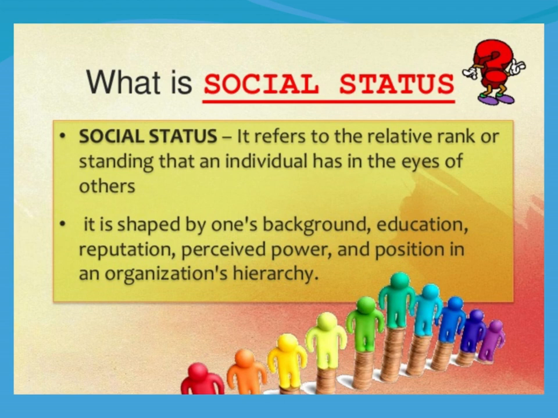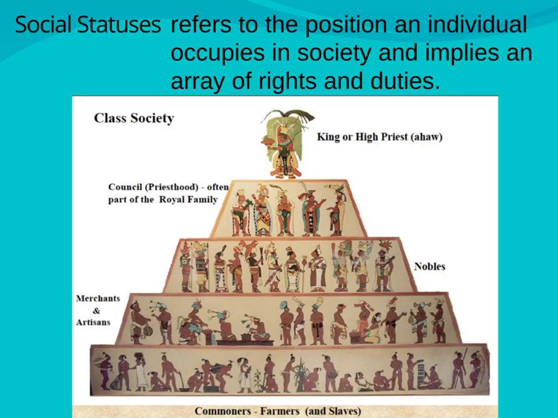When we say social status, it refers to the relative rank or standing that an individual has in the eyes of others. It is shaped by one's background, education, reputation, perceived power, and position in an organization's hierarchy.